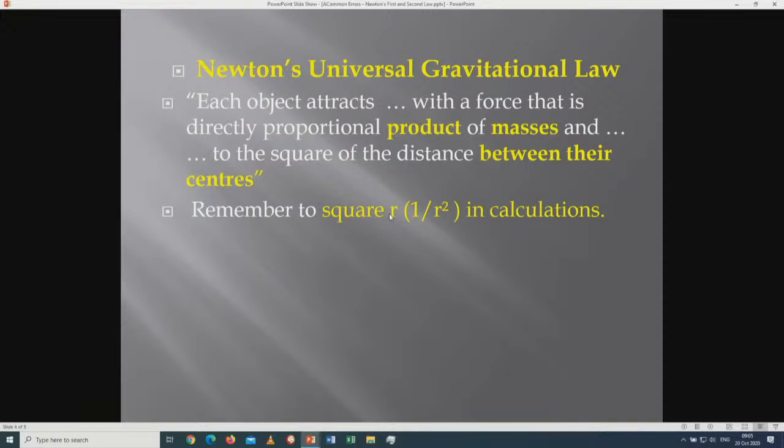Many times learners forget to square that value, and then unfortunately you lose 2 marks for a wrong substitution and therefore a wrong answer. You will have seen in the September exam and in previous ones, many times it's maybe a multiple choice question where they don't give you specific values.